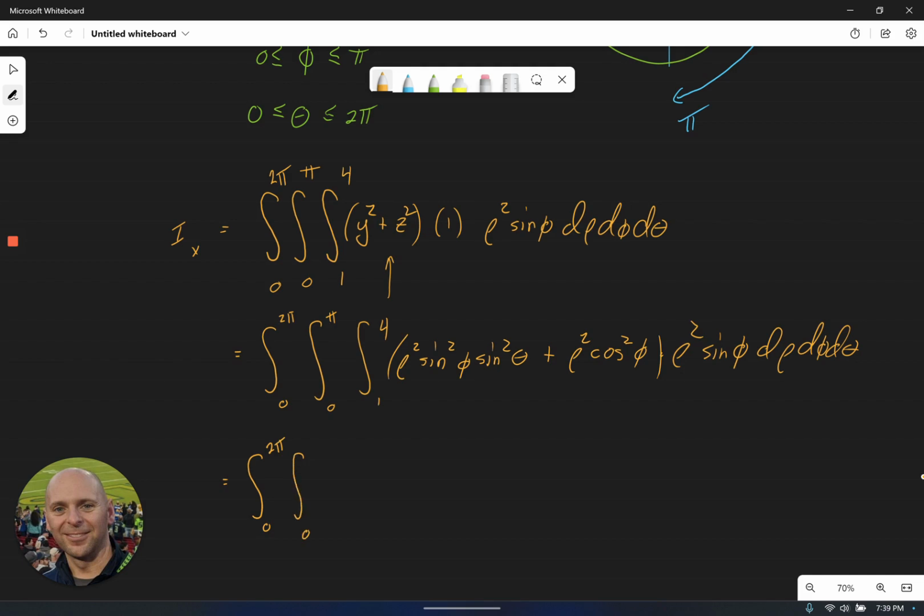Just simplifying our integrand down, as we should always do, as much as possible. That means for us here doing our distribution, so we have rho to the 4th sine cubed phi sine squared theta plus rho to the fourth cosine squared phi sine phi, d rho, d phi, d theta.